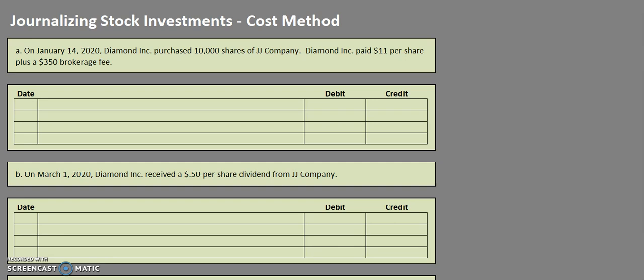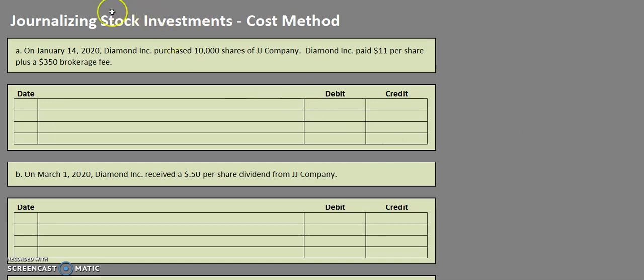Usually the threshold is less than 20% of the outstanding shares of that company, and then we don't have significant influence over what they are going to be doing. We don't have significant voting power. So in this case, we are going to be using the cost method because it's just a regular investment, kind of like what you or I might do when we're investing in a company. We do not have significant influence.